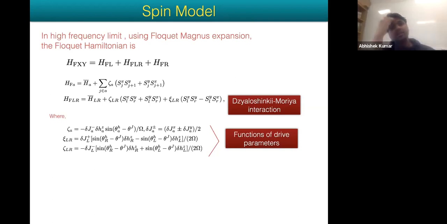But diagonalizing a spin system is really hard, even numerically.